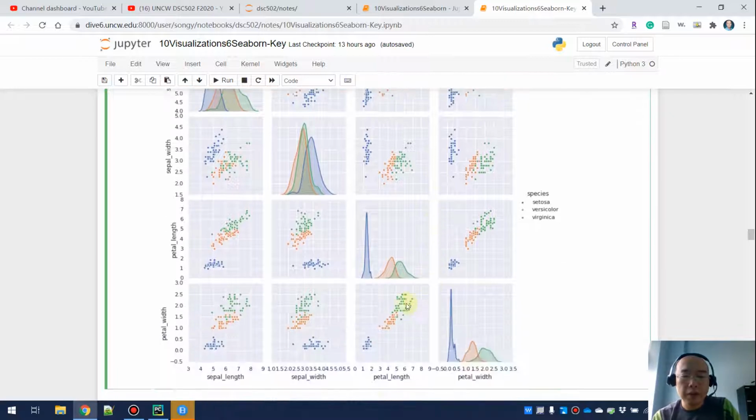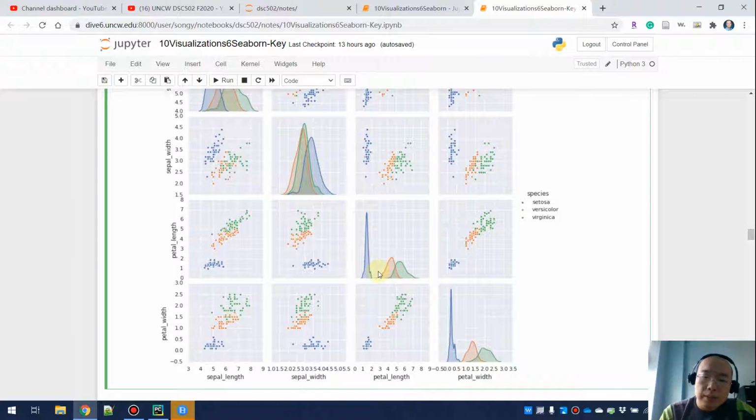And we can also see here, for this plot, that is the petal length and the petal length again. This means that by simply looking at only one feature, the petal length, we are able to tell if that is a setosa or not, right?